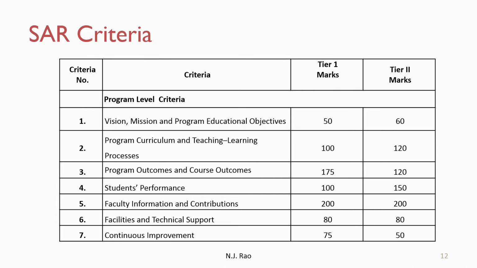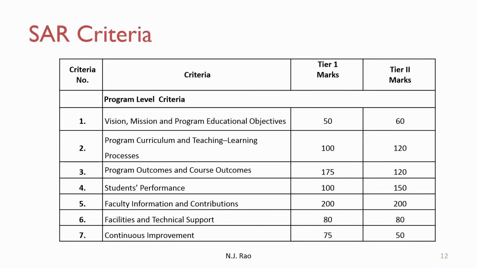Actually this set of marks is allocated when you come for the first time for accreditation. When you come for the second time, the marks are different, but that has not yet been decided, because as per the new accreditation process, no one has yet come to the level of second round accreditation as per the 2015 specifications.